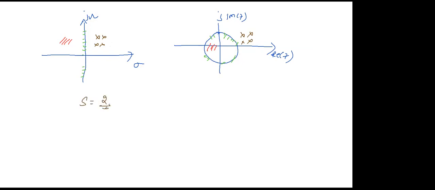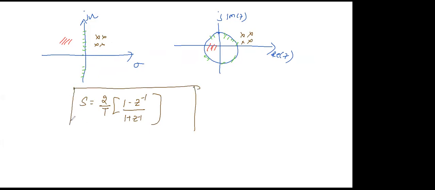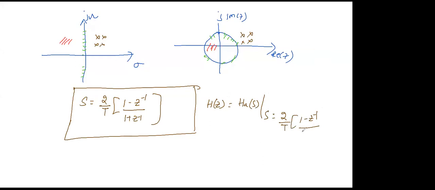So we got S equals 2 by T times 1 minus Z inverse by 1 plus Z inverse. Now to convert an analog transfer function to digital is simple: H of Z equals H of S for S equals 2 by T times 1 minus Z inverse by 1 plus Z inverse.